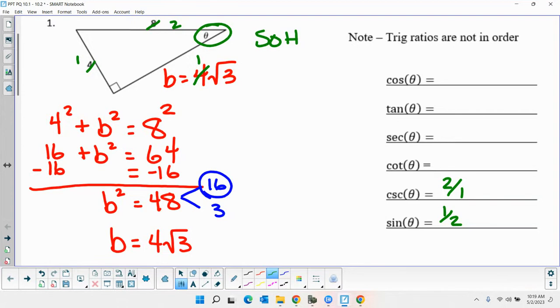I just put radical 48, and that's how I left it. Then you miss a point for not simplifying. Okay? You got to simplify your radicals, and you got to simplify your fractions, always. All right? Cosine, adjacent. So adjacent to theta is the 1 radical 3, hypotenuse is 2.